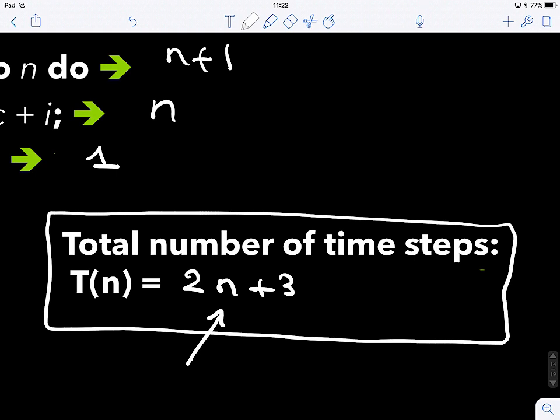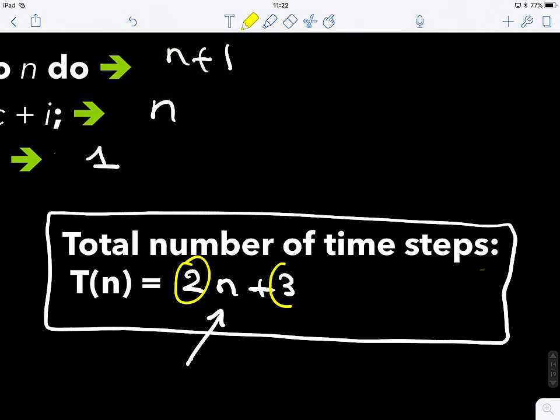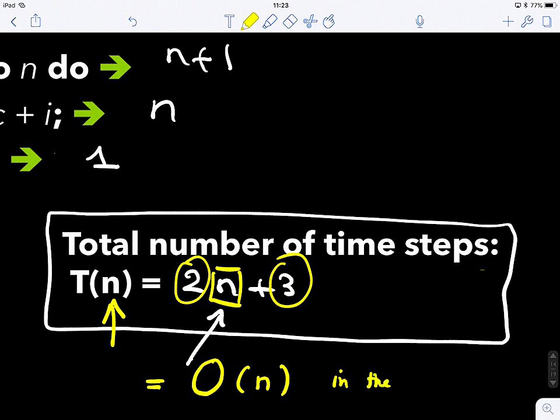There are lots of constants floating around, like 2 and 3, but what matters is this variable, the n. So we can say that generally this algorithm runs in the order of n, and we will learn this later on. This is the vocabulary we'll learn.